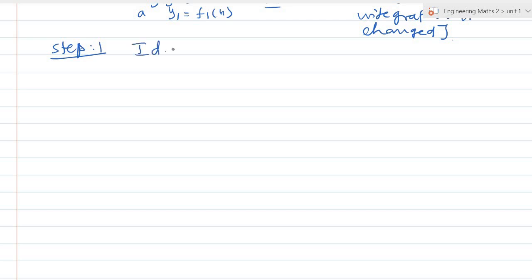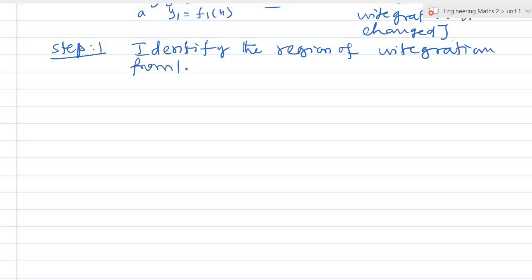identify the region of integration from the given problem. That means for any given problem, first you have to write the limits of the variables.